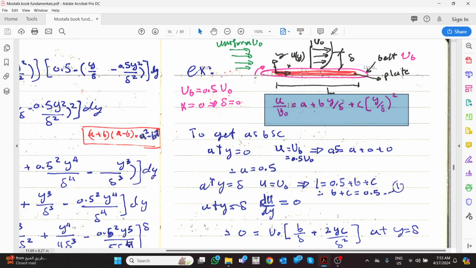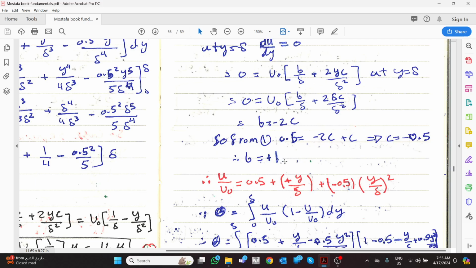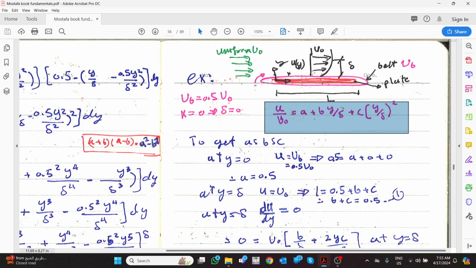So take the derivative of u with respect to y, and you will get this equation: at y equals delta it equals 0, so b equals minus 2c. So b equals plus 1, and c equals minus half, so you get a, b, and c. Voila. So we can get a, b, and c just with the boundary conditions.